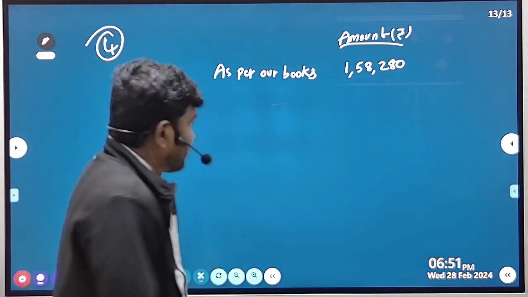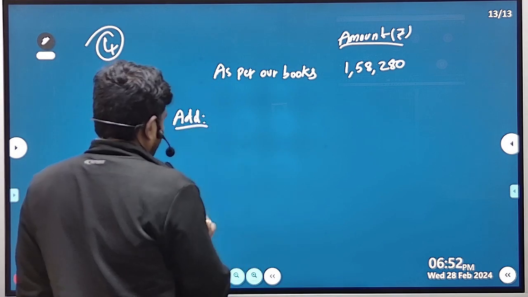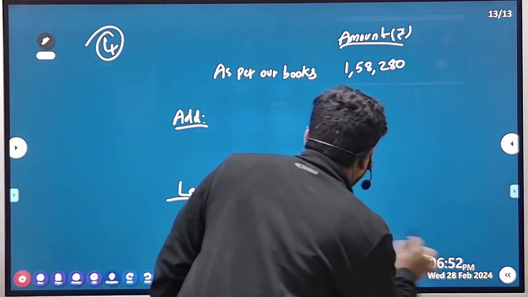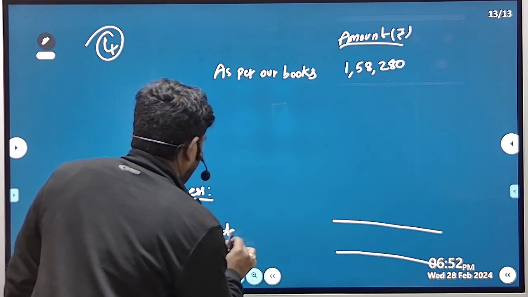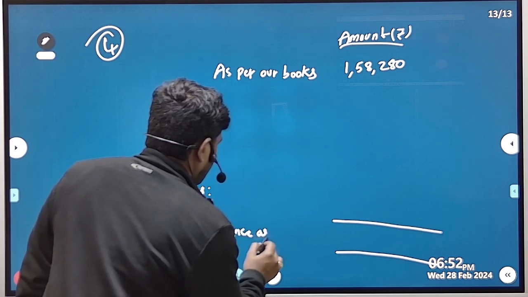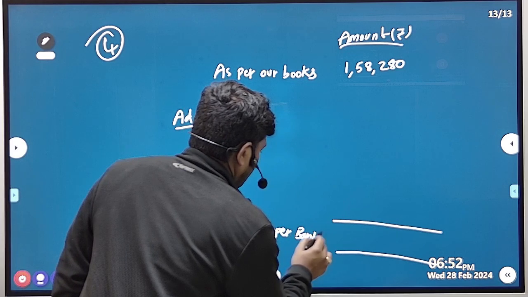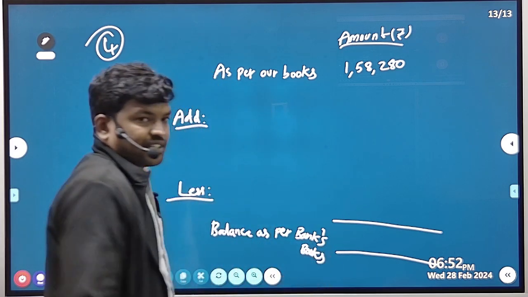Yes, now you have to add some transactions, less some transactions, so that you will arrive at this balance. What is this balance? Balance as per bank's books, or you can say bank statement.